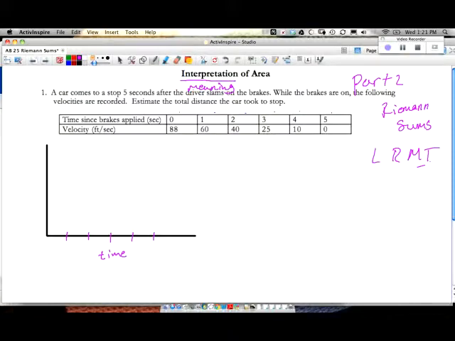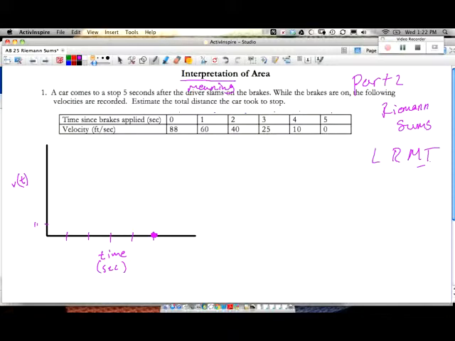So here's time down here, time in seconds. And then on top, eventually at 5 we hit 0 feet per second, but this is really velocity, or v of t, I guess you could say. So velocity. We're at 0, and we start at 0 seconds at 88. So let's make 9 marks and do it in terms of 10.